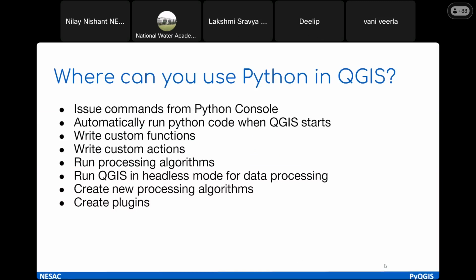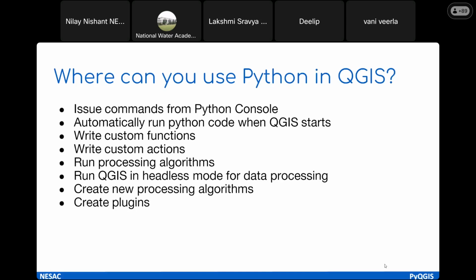The first thing that you can do on QGIS with Python is issue some basic commands from the Python console. QGIS comes with an integrated Python console, wherein if you have to link a couple of processing algorithms, you can directly link those algorithms, load the data, and write the data directly using Python commands.